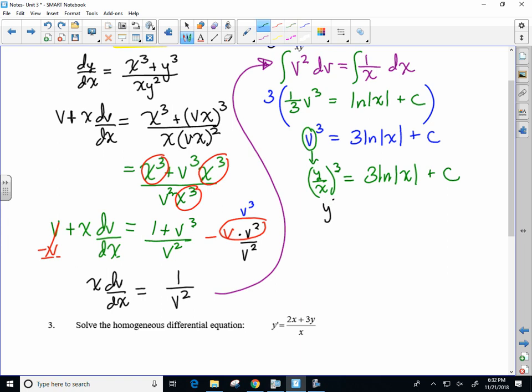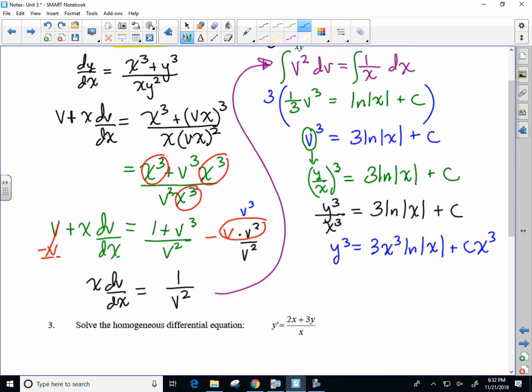So I'm just going to cube it out, and then cross multiply. So we're looking at y cubed is equal to, I'll write it as 3x cubed ln of |x| plus cx cubed.